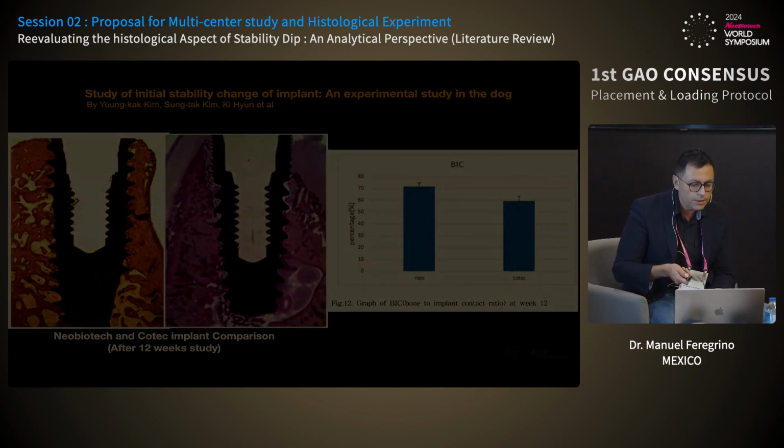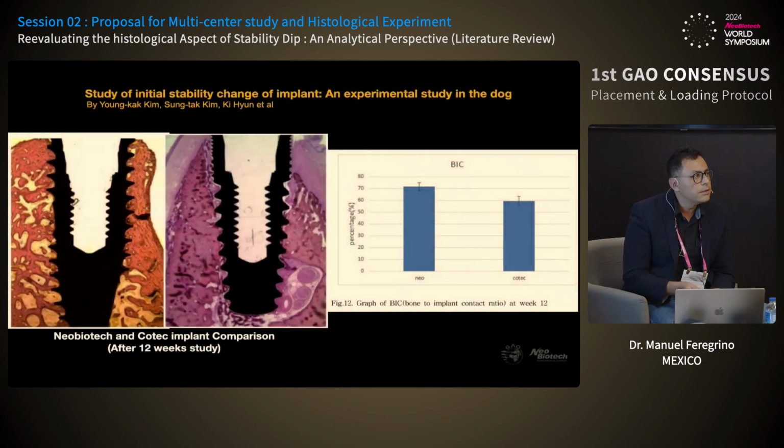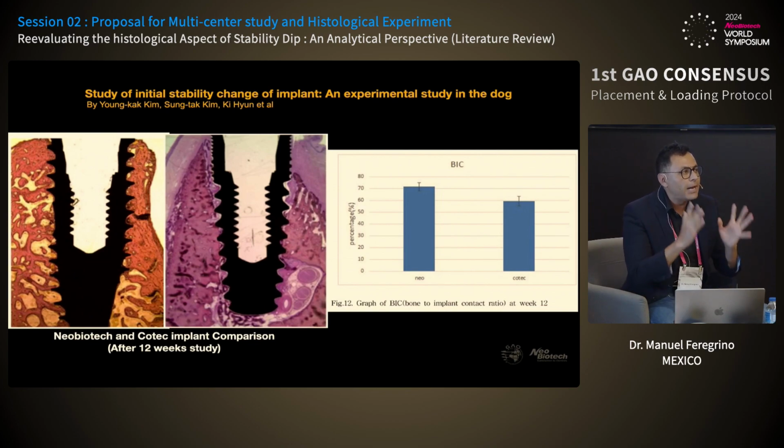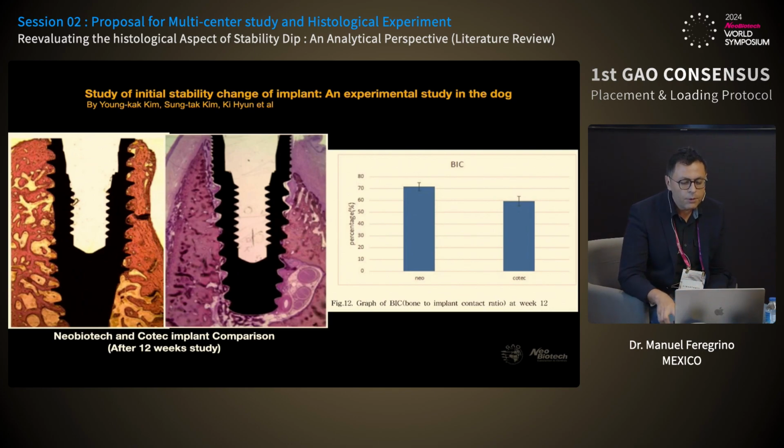Let me show you here. Here, it looks like there is a kind of new bone formation between the implant and the threads, because the final drill was parallel and it doesn't let us have an intimate contact between the threads and the bone formation.